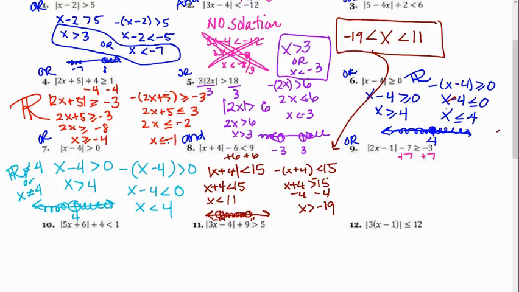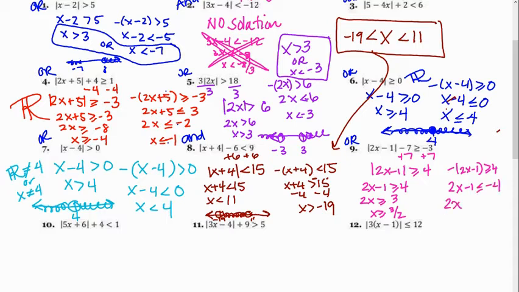Again, isolate first. And now you can do the two sides of your equation. 2x minus 1 greater than or equal to 4. X greater than or equal to 3/2. That's okay. Negative 2x minus 1. Flip the sign when I divide. 2x, this should be 5.